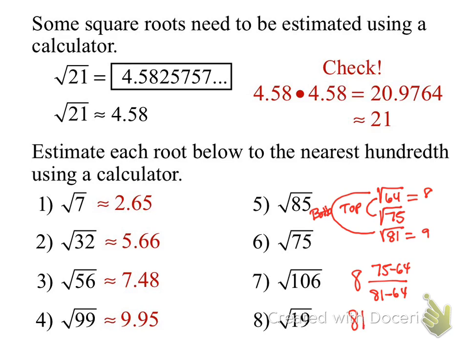81 and 9 over... Oh, no, sorry, you're right, 11. I'm wrong. 11 over what? 71 is 10 and 5, so over 15.